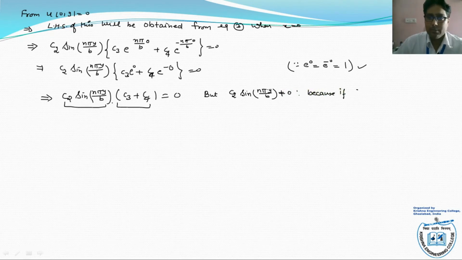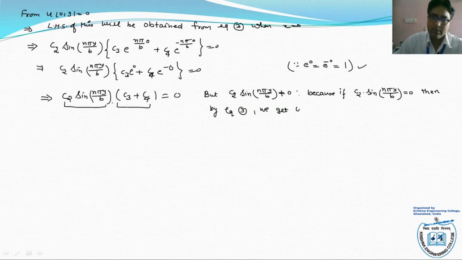if C2 into sine n pi y by b is equal to 0, then by equation third we get u(x, y) is equal to 0, which is impossible.